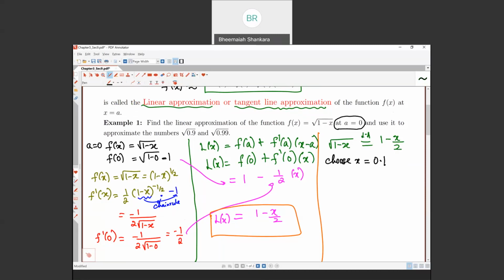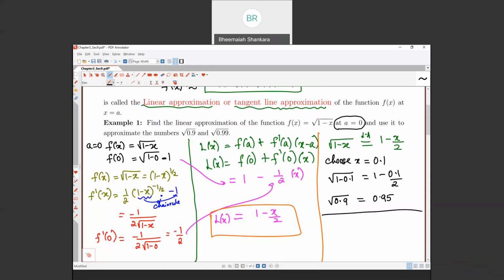The idea behind choosing 0.1 is that when you plug in 1 minus 0.1, it will give you 0.9. On the right hand side, I have 1 minus 0.1 divided by 2. The left hand side I can simplify and write as 0.9. The right hand side simplifies to 0.95. So the square root of 0.9 is approximately 0.95.